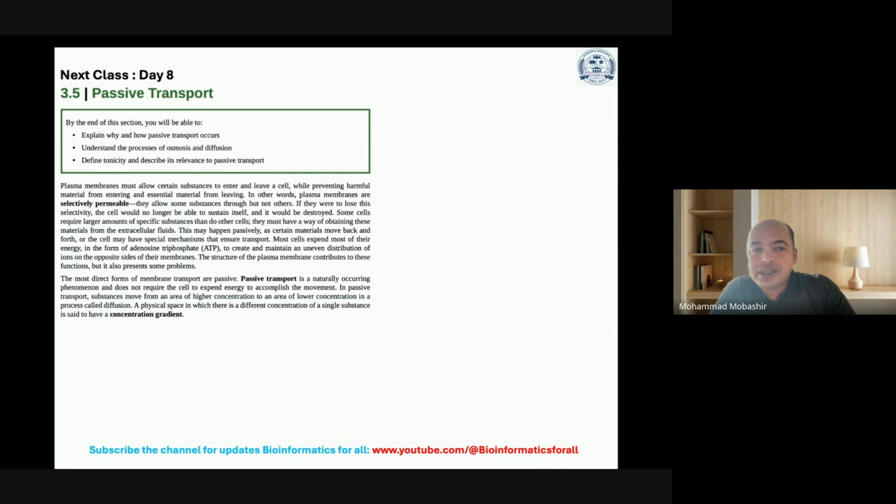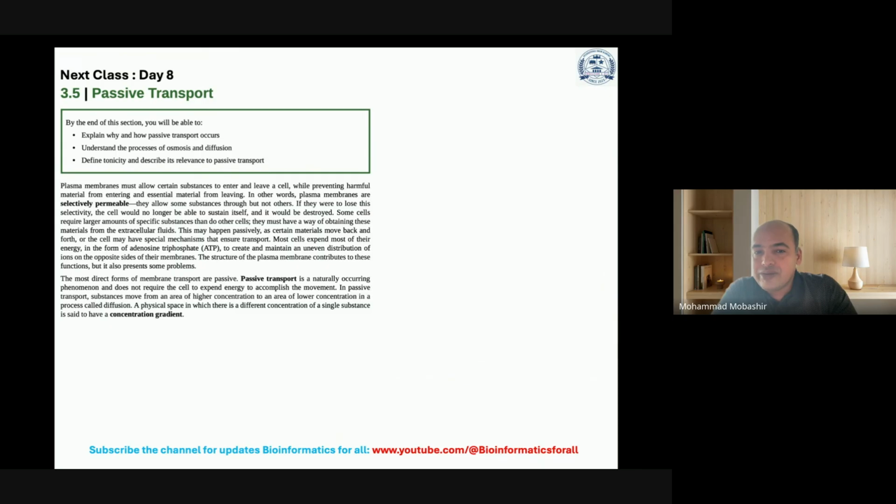Then comes a term, concentration gradient: a physical space in which there are different concentrations of a single substance is said to have a concentration gradient.